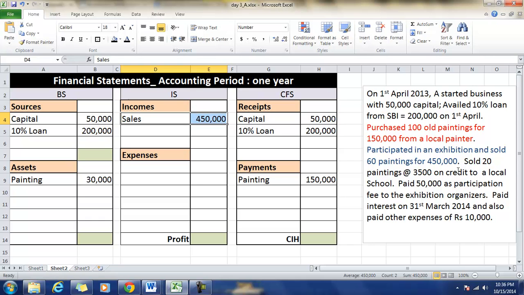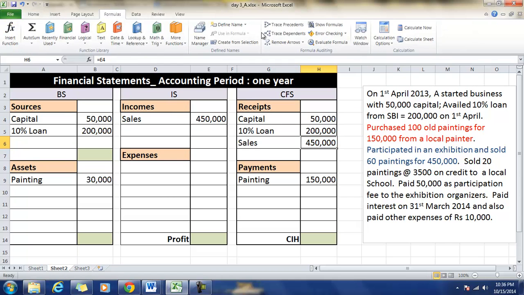Though no information is given, let us assume that this is for cash, so the entire sales is for cash. So there is a receipt here which is an income. But the previous receipts are not incomes but capital and liability. So that every receipt is not an income is very clearly visible in these three items.